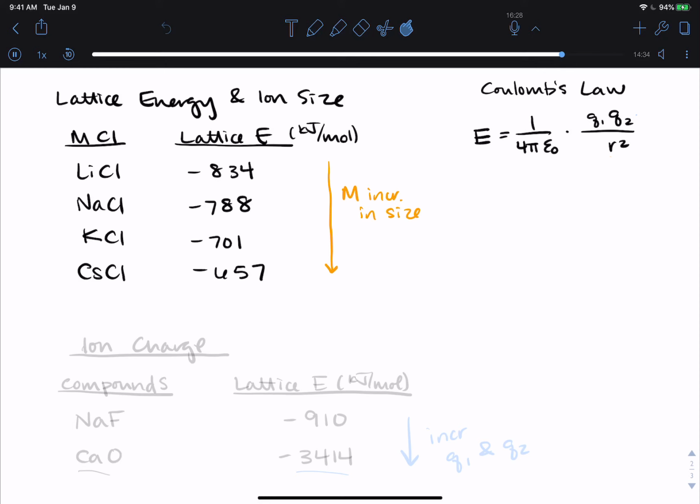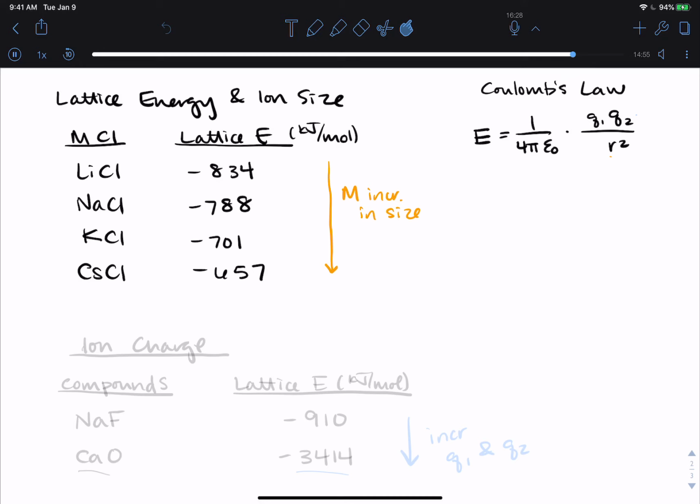So as the metal gets bigger, the ions get further apart. So as that radius increases, the energy of the interaction gets smaller in magnitude. Okay, so that's lattice energy and ion size.